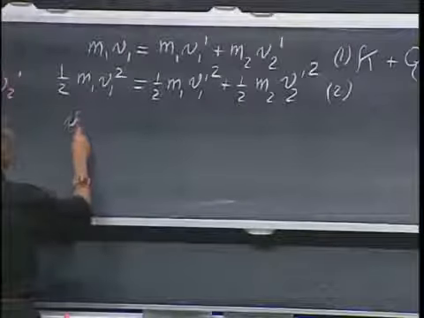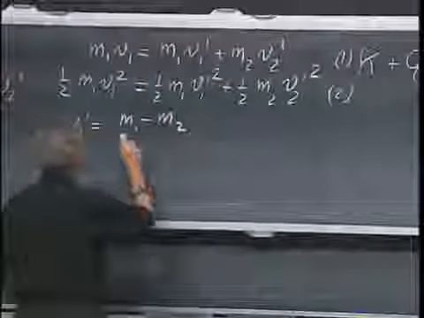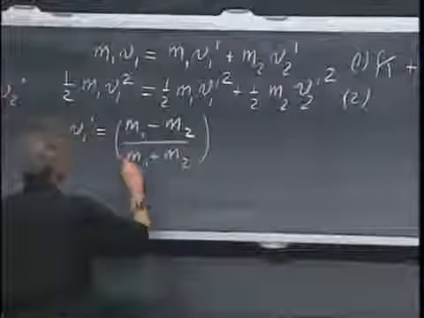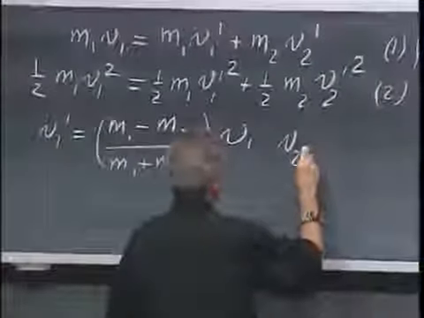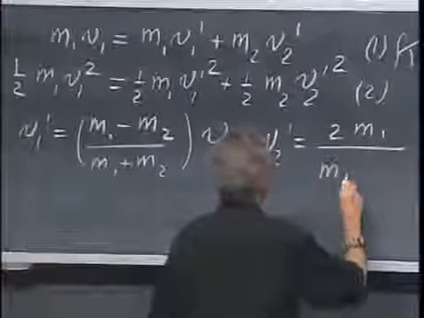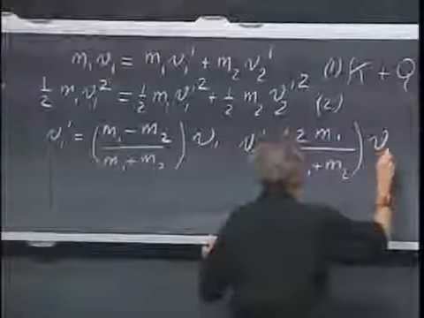V1 prime will be m1 minus m2 divided by m1 plus m2 times v1. And v2 prime will be 2m1 divided by m1 plus m2 times v1.